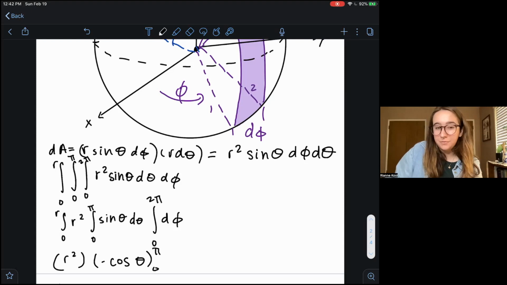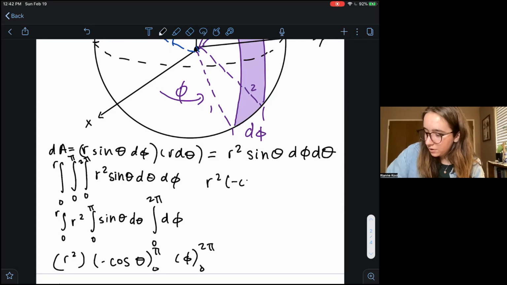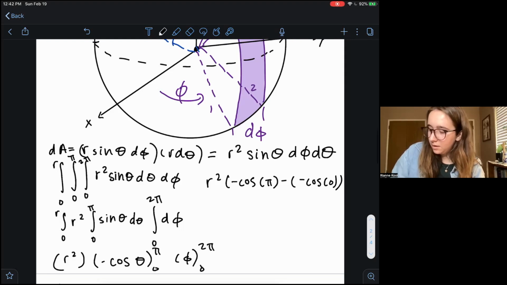And the integral of d phi is just phi, and we're integrating it from 0 to 2 pi. Those are the bounds. So going back, r squared, negative cosine pi minus a negative cosine 0 times 2 pi minus 0.